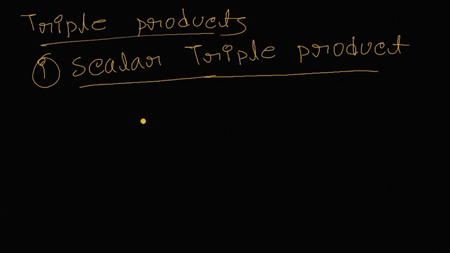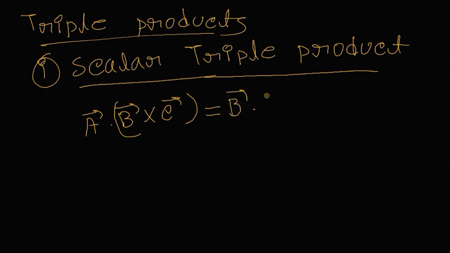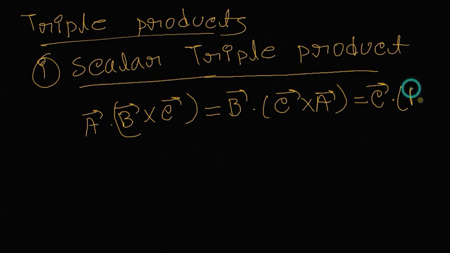Now scalar triple product is shown by this formula: A vector dot B vector cross C vector, and it can also be written as B vector dot C vector cross A vector, and that is also written as C vector dot A vector cross B vector.